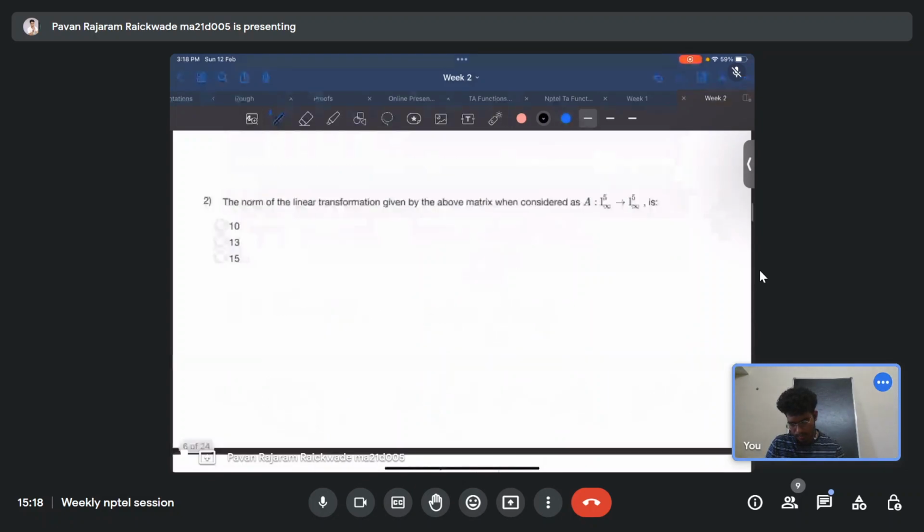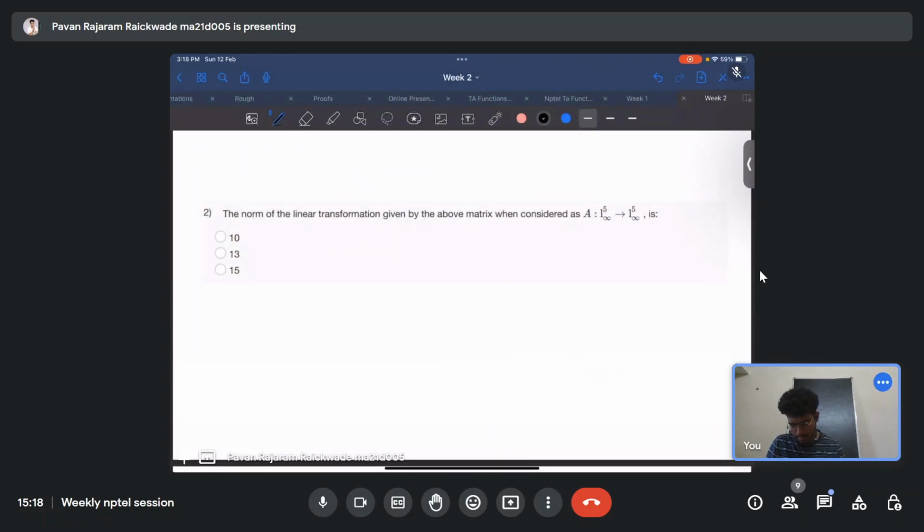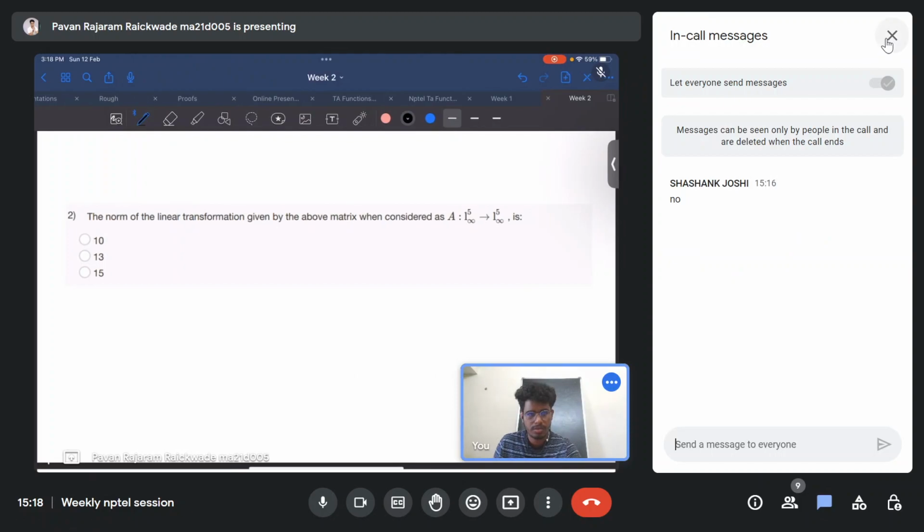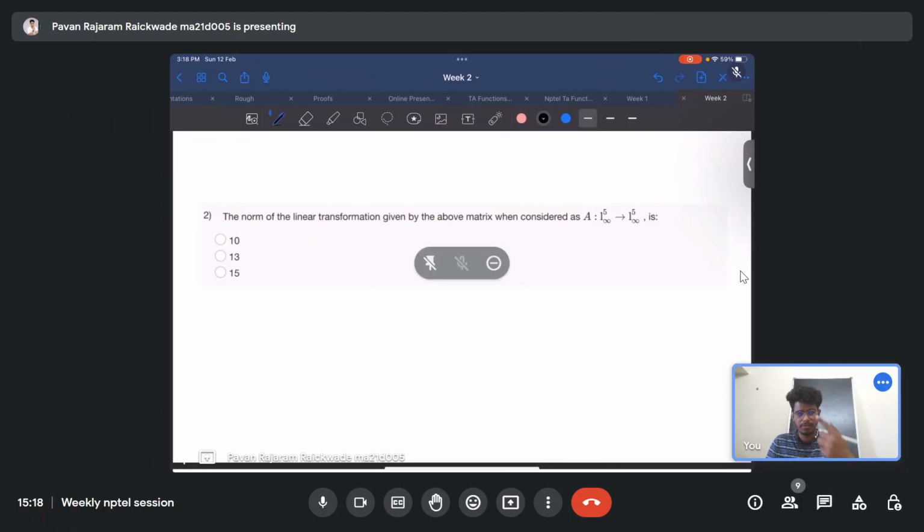Question number 2. Find the norm of the linear transformation given by the above matrix when considered with the same matrix as before, but this time the norms are different: both the domain and codomain have infinity norms. Similar to the first problem, when the norms are infinity norms, it has a proper structure.